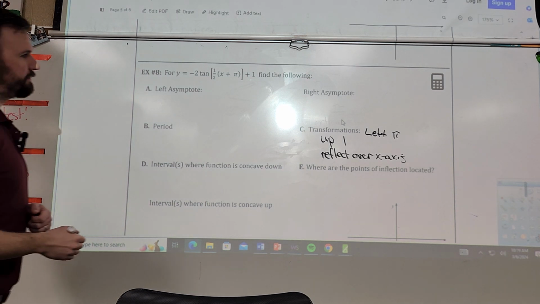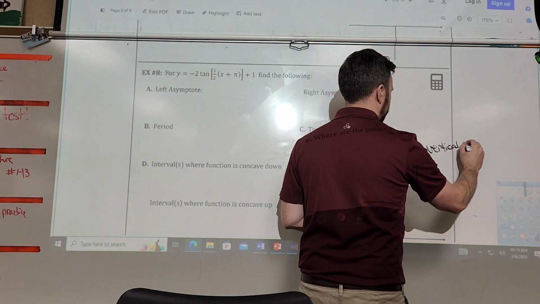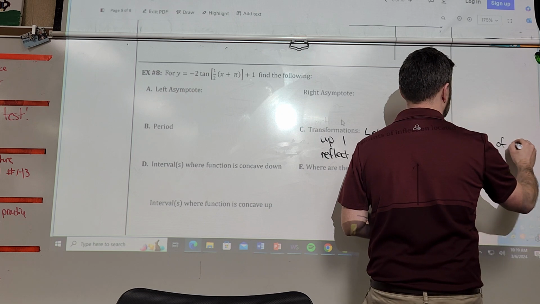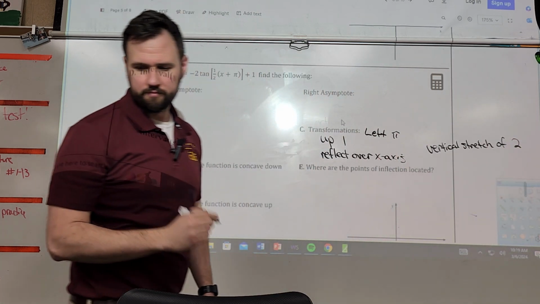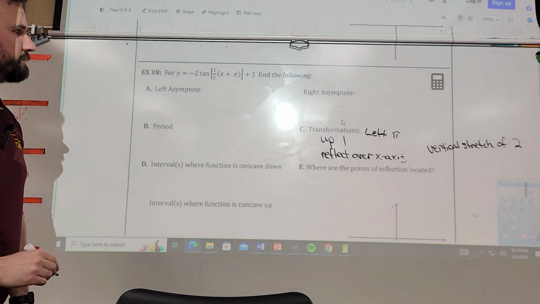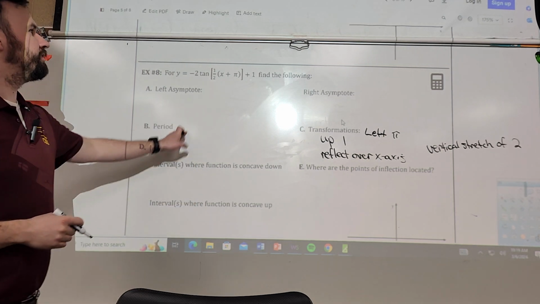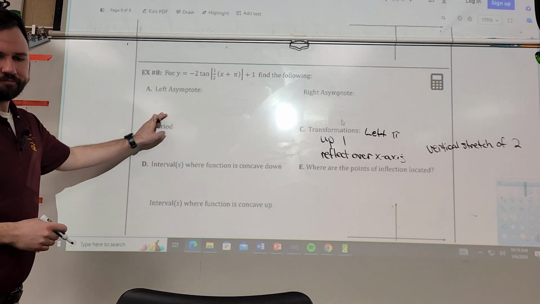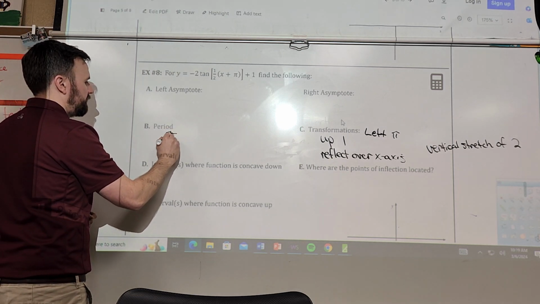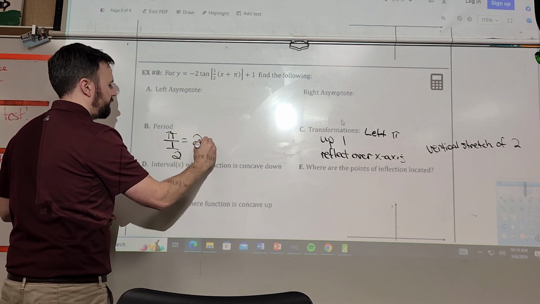And vertical, right? The number was smaller than one. Yes. Now, why aren't we doing anything horizontal? Because I'm going to do that with the period. So what's my period going to be on this one? It's going to be pi over 1/2, right? Which is 2 pi.